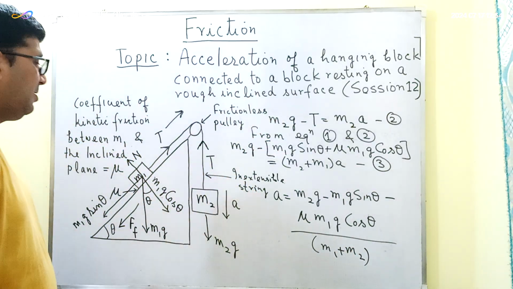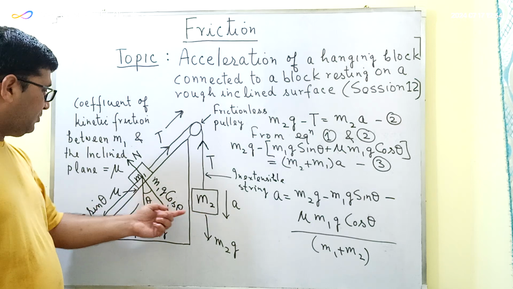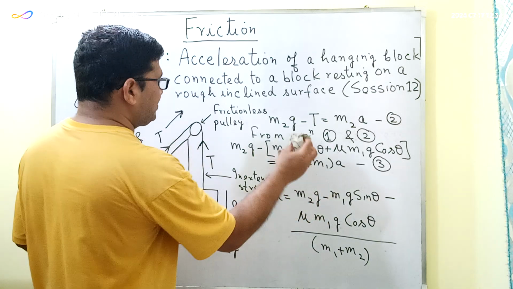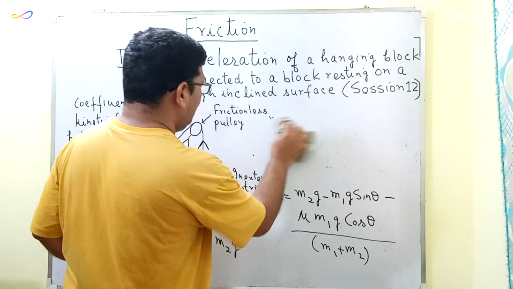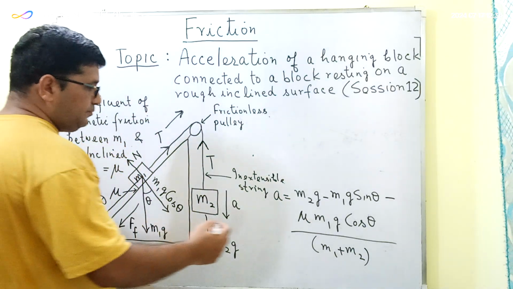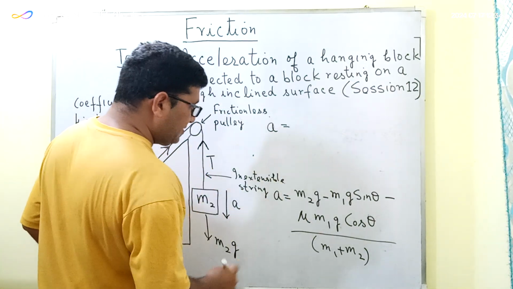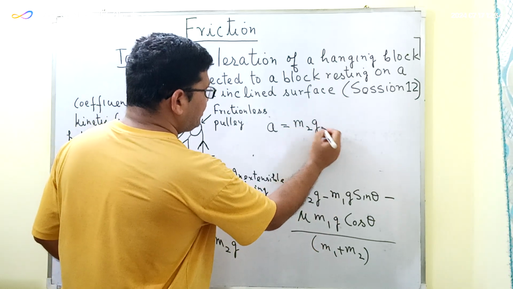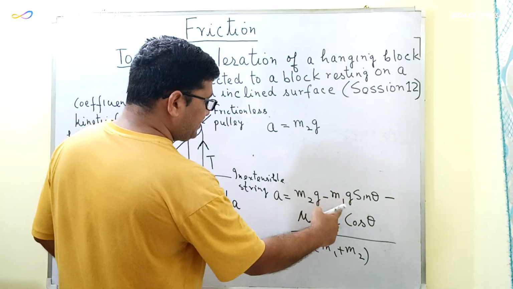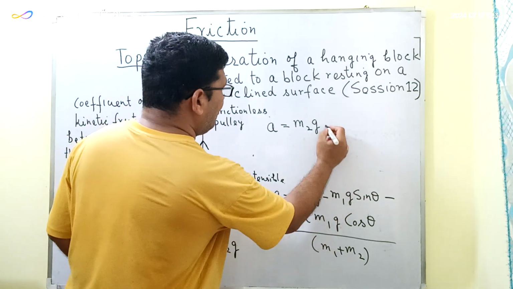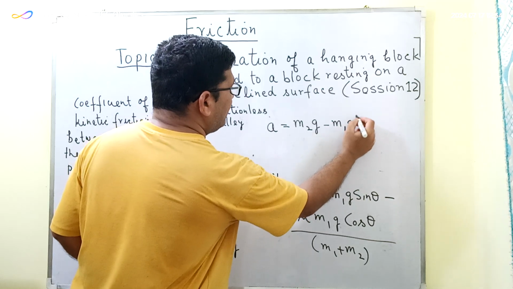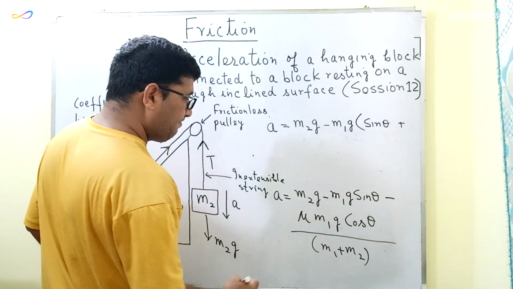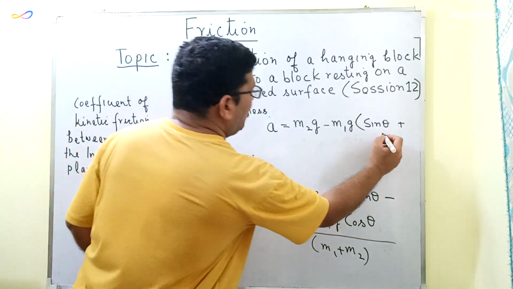This is the common acceleration of the blocks having masses m1 and m2, and if you want to simplify this equation, m2g stays as it is, and m1g is common, so you can write it down here as sin theta plus mu cos theta.